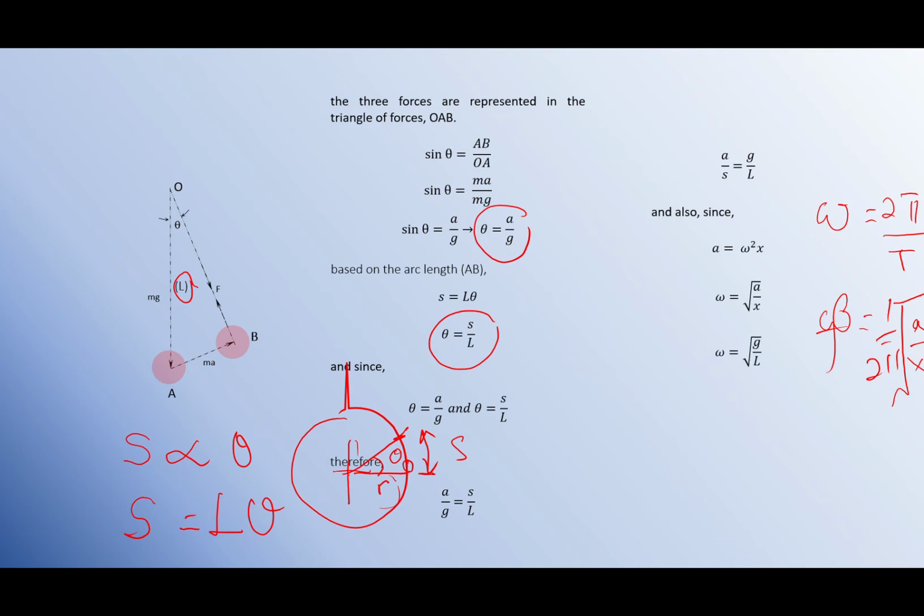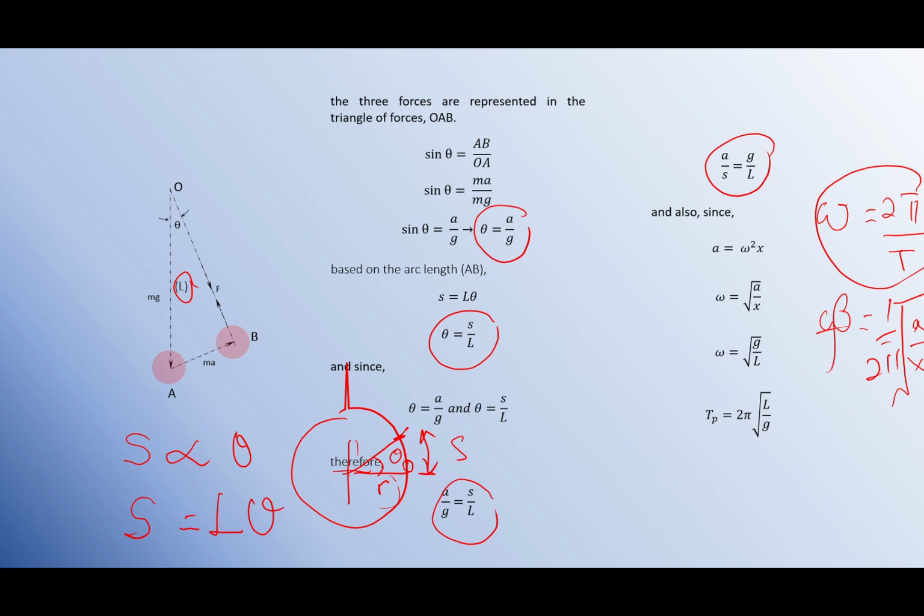Since A over X is equal to G over L, the circular frequency omega can be expressed as the square root of G over L. From here you have the time period, because we know that omega is equal to 2 pi over T, the periodic time.